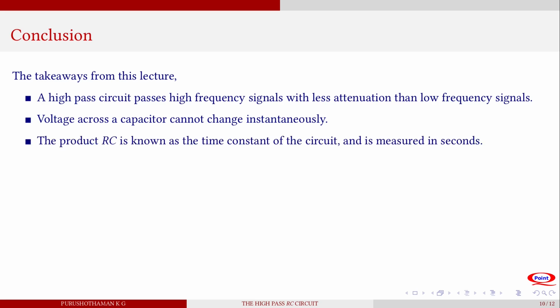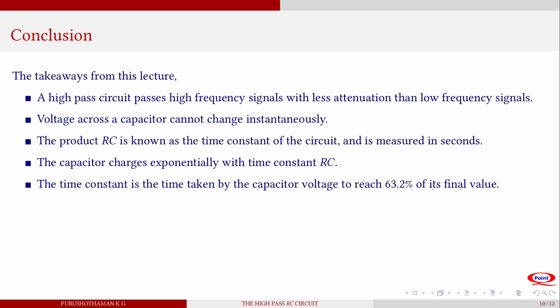The product RC is known as the time constant of the circuit and is measured in seconds. The capacitor charges exponentially with time constant RC. We have seen this. If RC is large, the capacitor charges slowly. If RC is less, the capacitor charges fast.